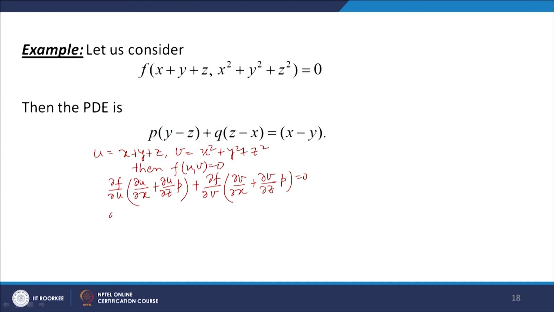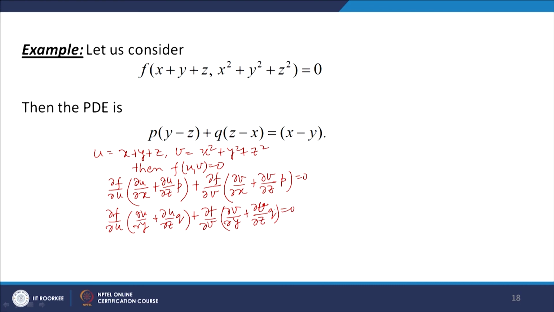Similarly, when we differentiate with respect to y, we get partial derivative of v with respect to z into q equal to 0.